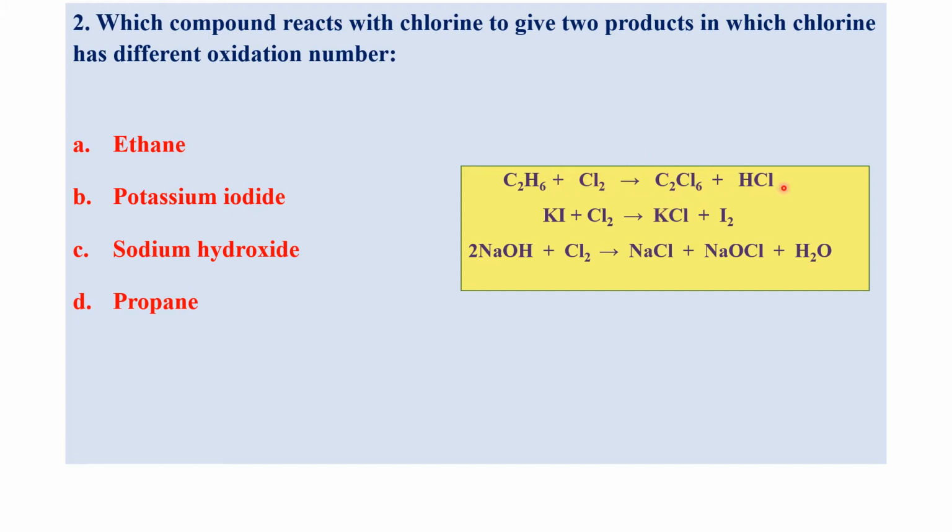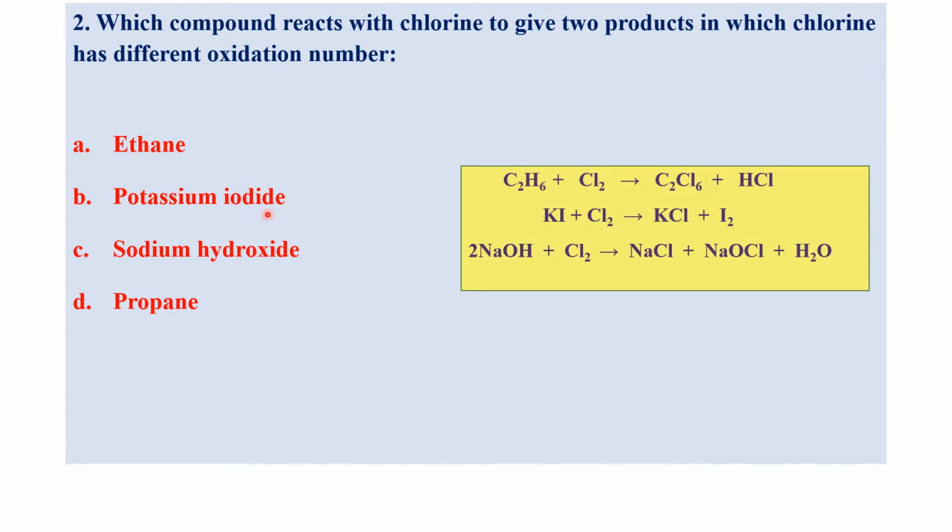Chloroalkane and hydrochloric acid, here two products are formed. But if we look at the chlorine, in both cases the chlorine has -1 oxidation number, so it is not the correct answer.